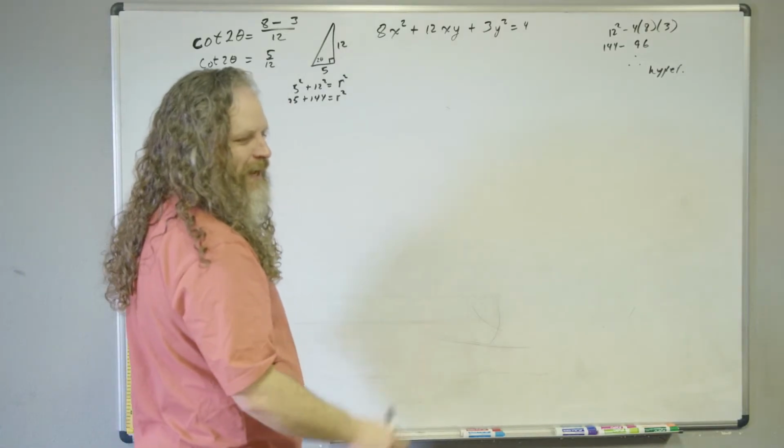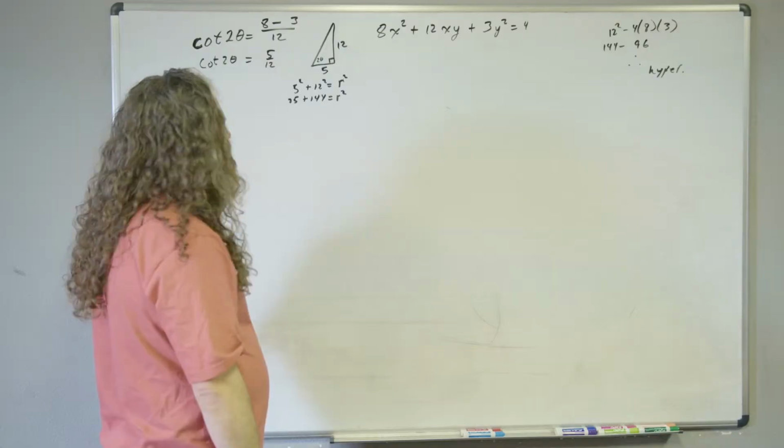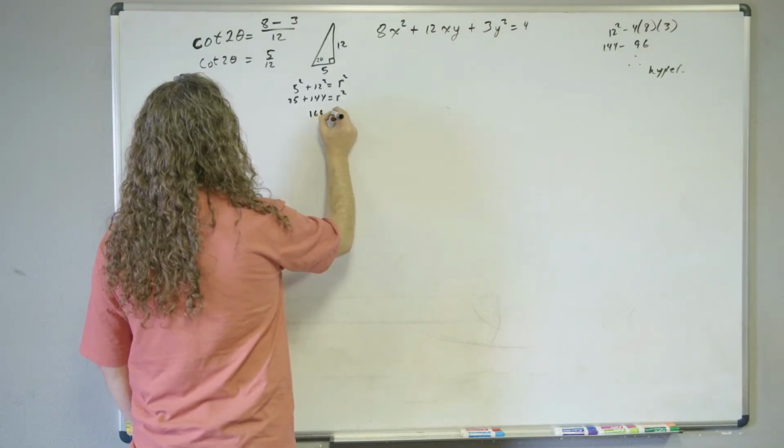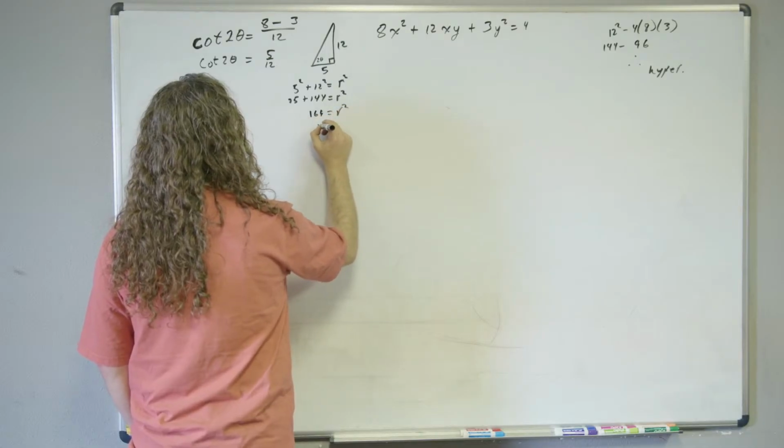Why are you touching his calculator? Solve my calculator. This sounds like a you problem. 169 equals r squared. So what does r equal?